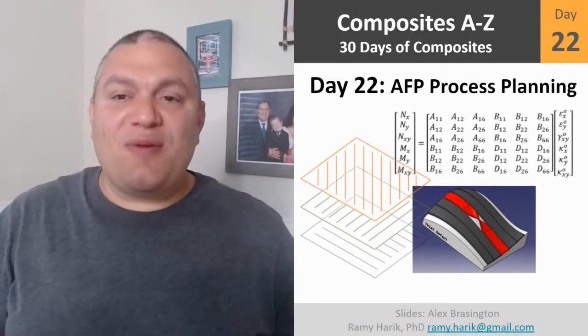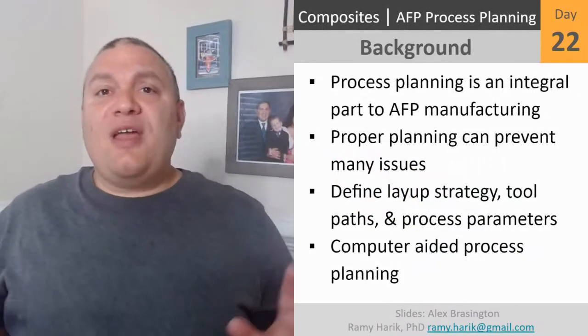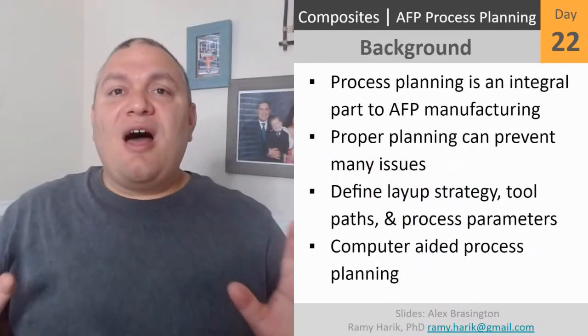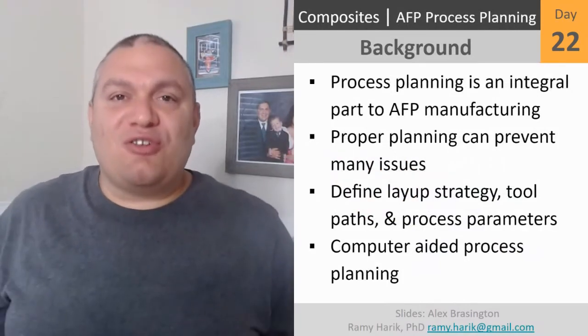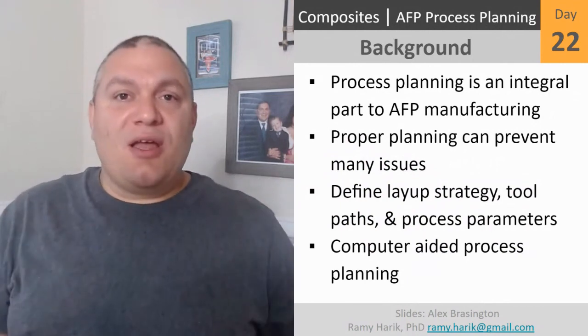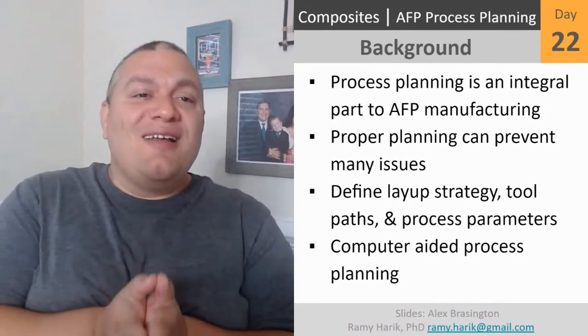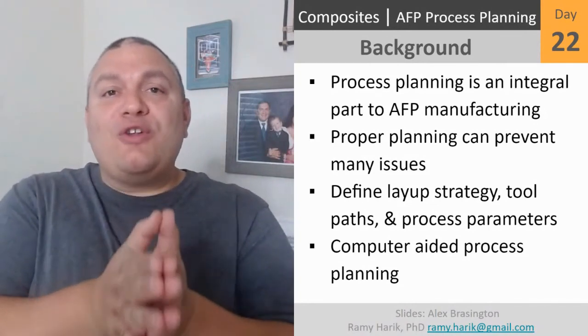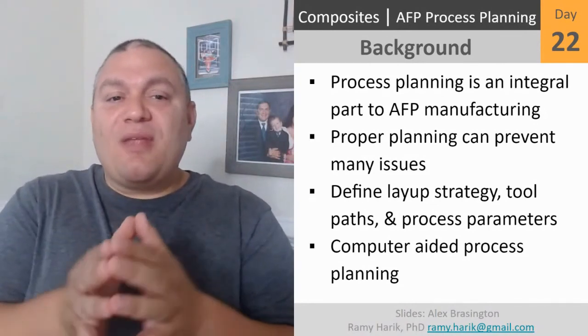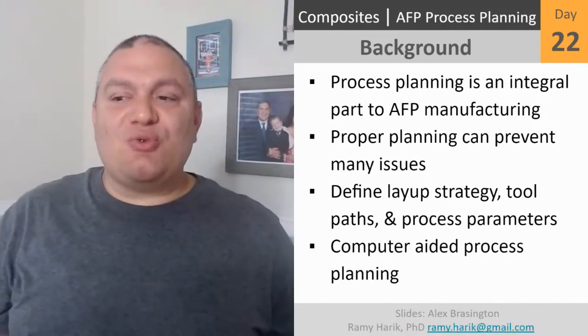When it comes to AFP process planning, today what we're talking about is how do we think about manufacturing this composite, this tool path. When we're using these tools and methods to coordinate between design and manufacturing, how can we prevent some of these issues?